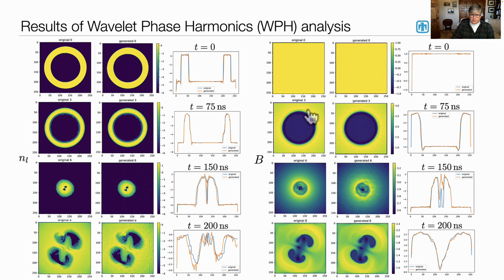And on the right-hand side is shown the magnetic field. One thing to note is that things are well and accurately generated by the surrogate model, including the relative orientation of the magnetic field of the two images in these cases.